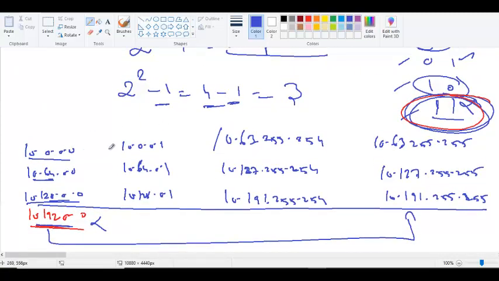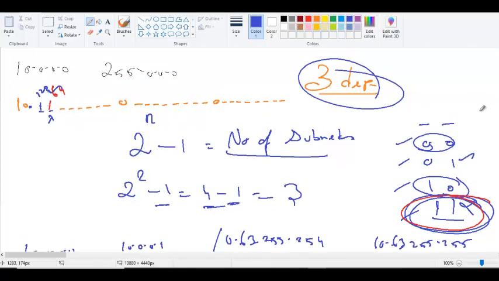Please pay attention. When there is no subnetting done, this is the subnet mask, 255.0.0.0. After you subnet, how many more bits have you added for network? 2 more bits. So the subnet mask will be 255, which is earlier, and now you got another 2 bits, 192.0.0.